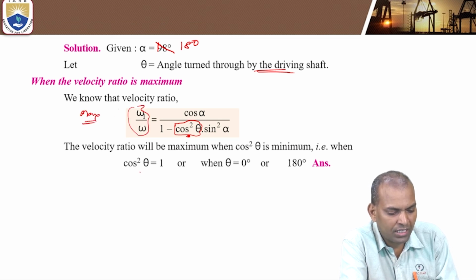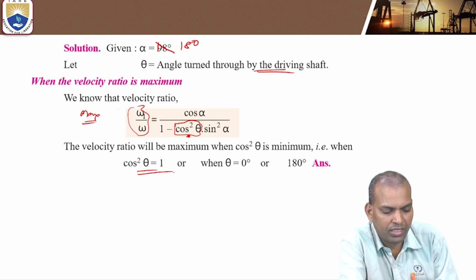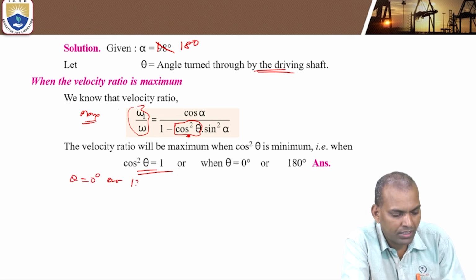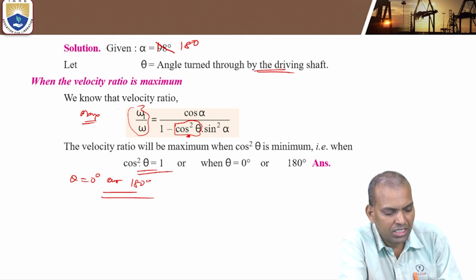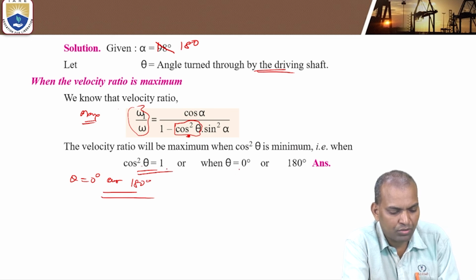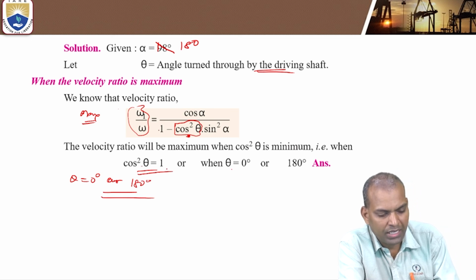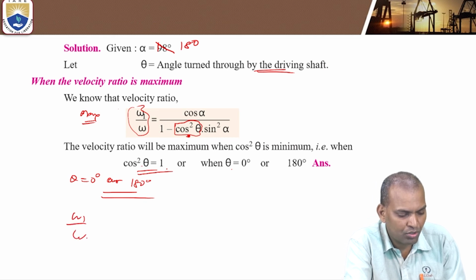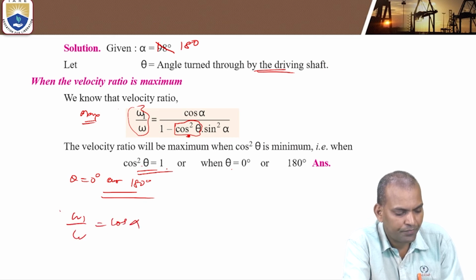So when cos square theta equals 1, that is, theta equal to 0 degrees or 180 degrees, then omega 1 by omega equals cos alpha over 1 minus 0, that equals cos alpha.